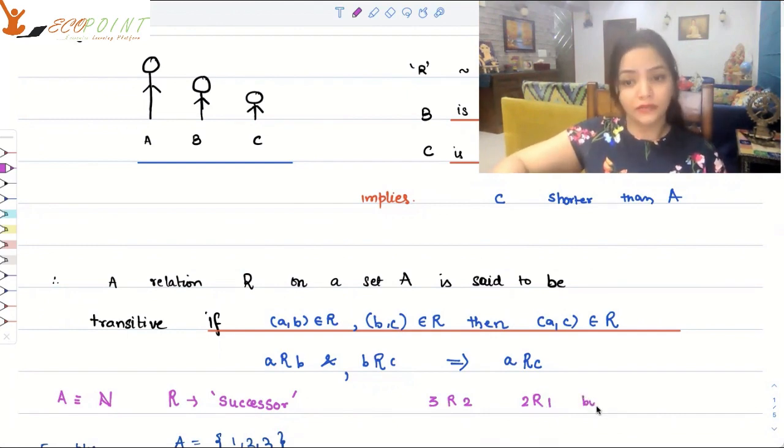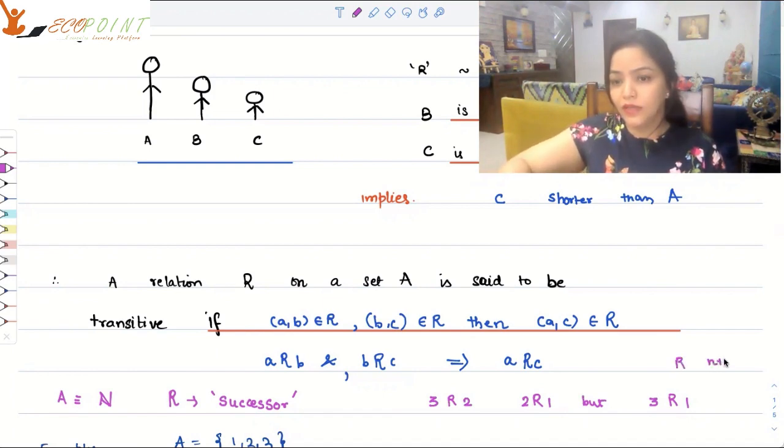But can you say that 3 is a successor of 1? What do you mean by successor? Successor means exactly the next number. So successor basically means n plus 1, next number, okay? So 3 is not a successor of 1. So 3 doesn't come immediately after 1. So hence this is not a transitive relation.